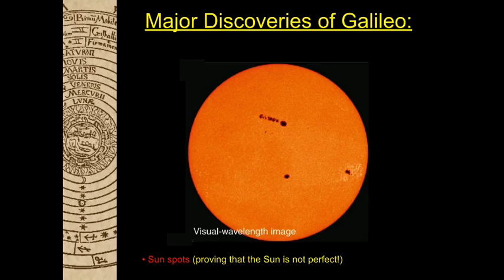And he proved that the sun is not perfect, because if you remember, back when we had the philosophy, it says that the universe is 2 parts, the perfect and the imperfect, and the perfect was everything in the heavens. Well, the sun was a major part of the heavens, but Galileo now proves that it is not perfect.